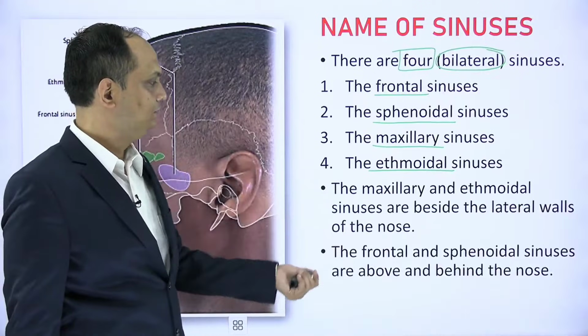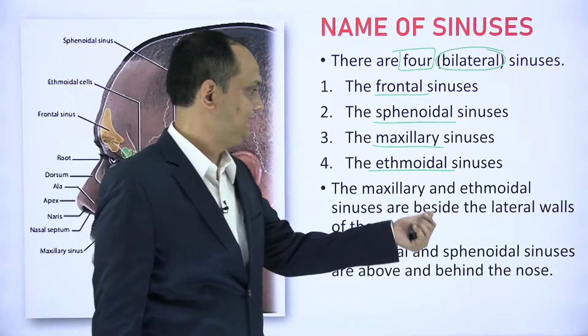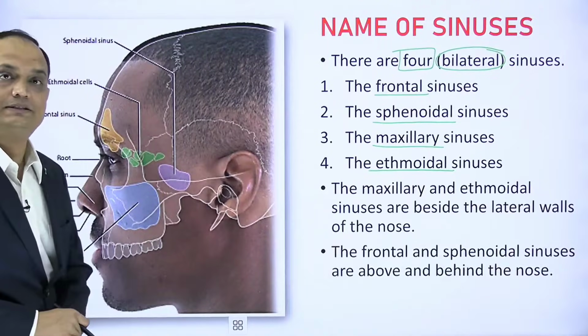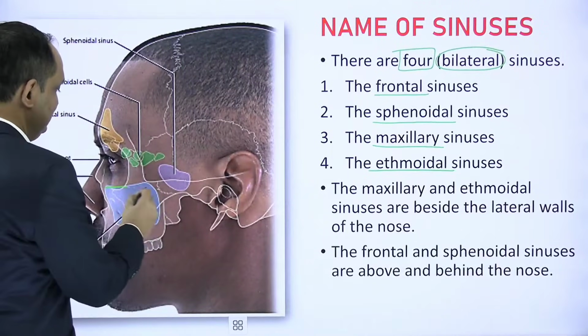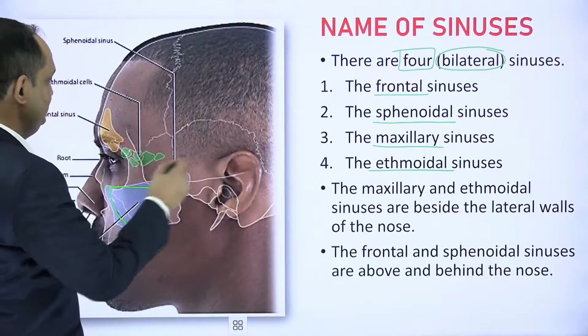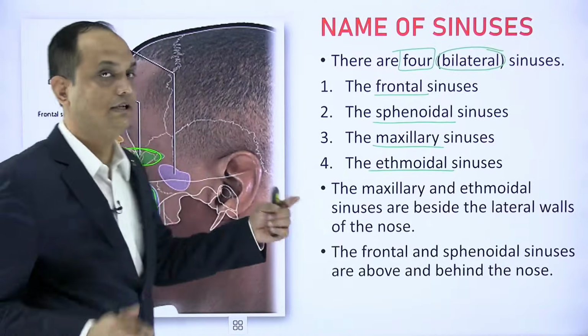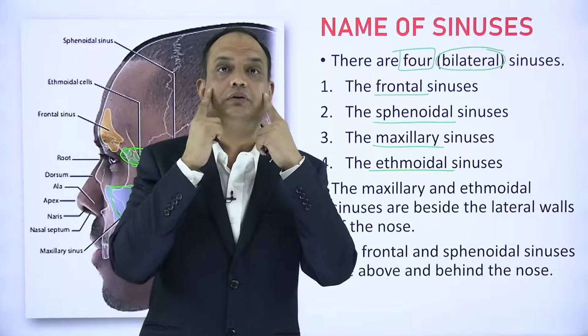The maxillary and ethmoidal sinuses are beside the lateral wall of the nose. When you see this diagram, this is your maxillary sinus and this is your ethmoidal sinus. So these two sinuses are just adjacent to the lateral wall of the nose.